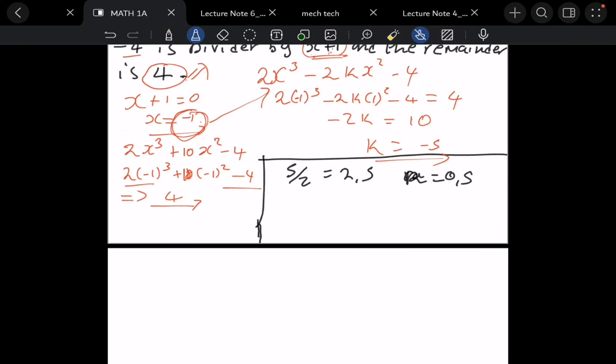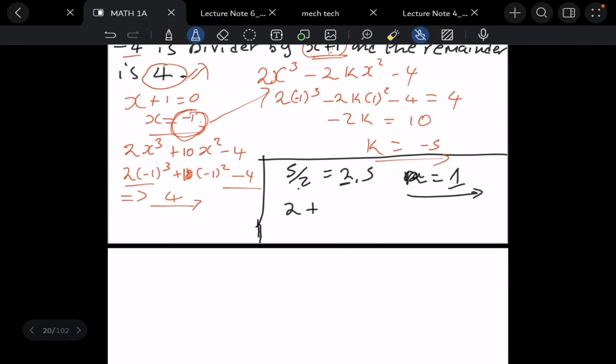It's going to be 1. Why am I saying 1? It is because 2 times 2 is going to be 4, and 2 times 0.5 is going to be 1. So the remainder of this is going to be 1.